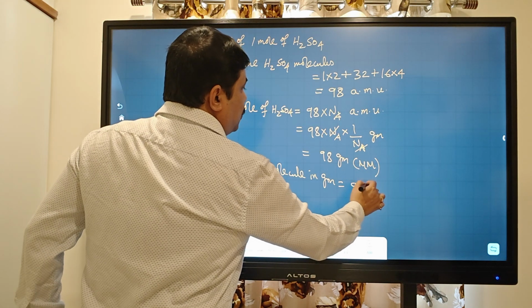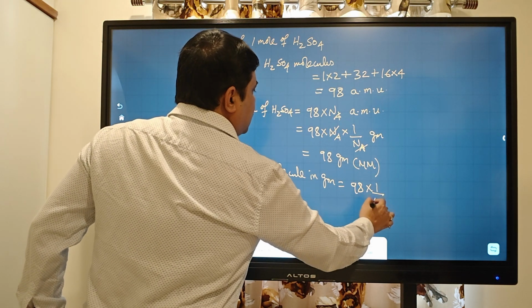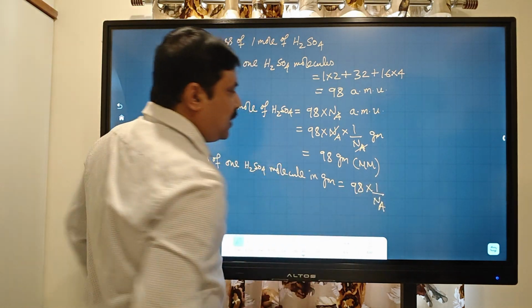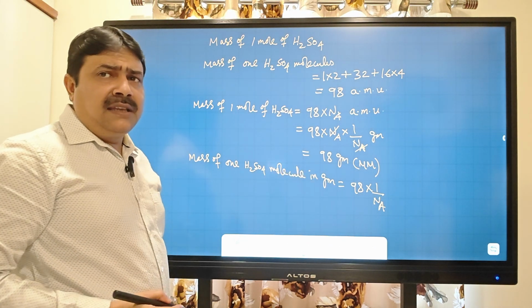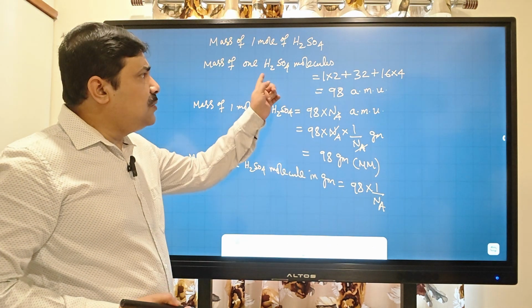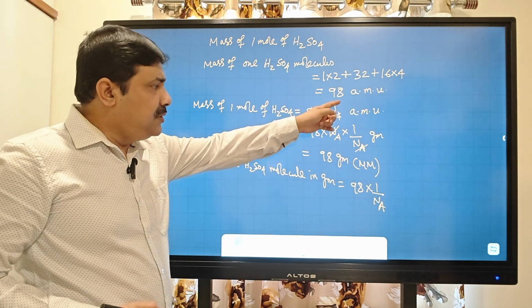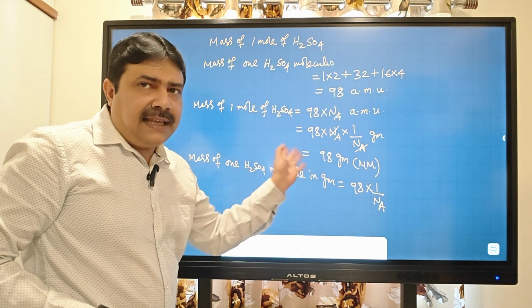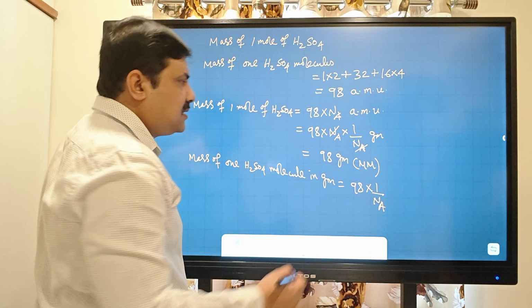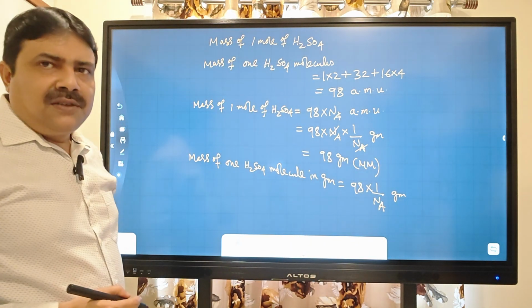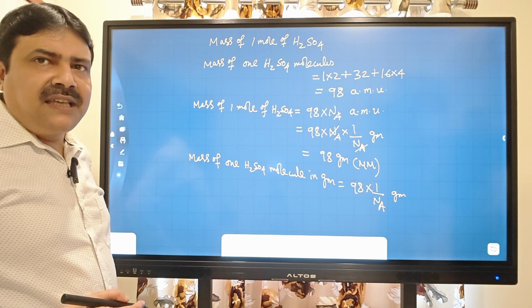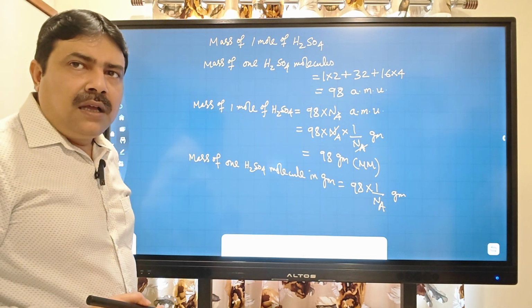Then I need to convert AMU to gram by multiplying by 1 by Na. Whatever mass is in AMU, multiplied by 1 by Na, gives the mass in gram. So the mass of one H2SO4 molecule is 98 AMU multiplied by 1 by Na, and AMU converts directly to grams. Is it clear? So we did the molecule the same way we did for atoms.